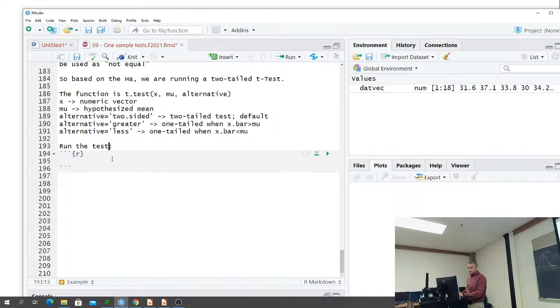All right, we have the function. So t.test, our vector is dat_vec. All right, that's our numeric vector. Our hypothesized mean is 31. And we're doing a two-sided test, two-tailed test.